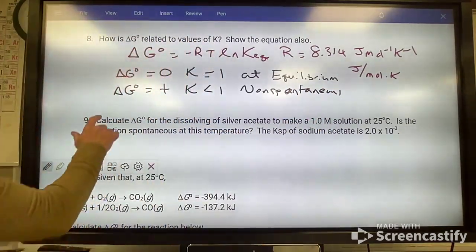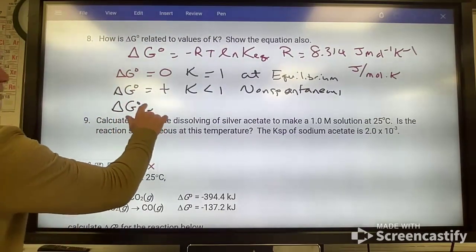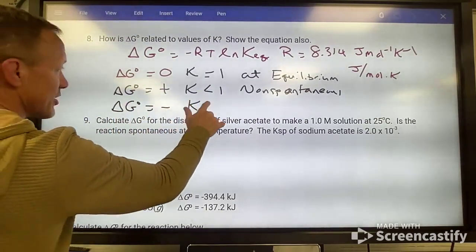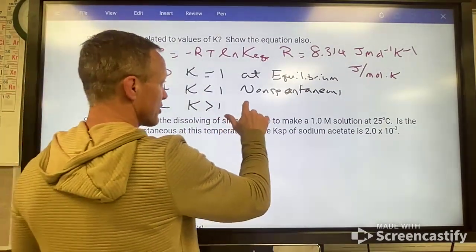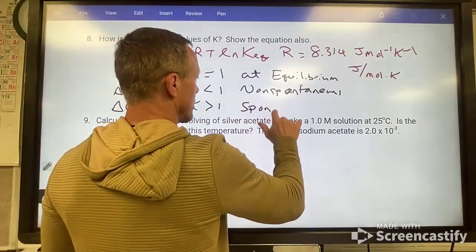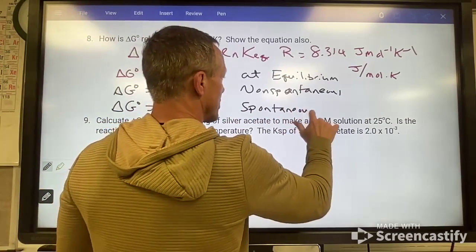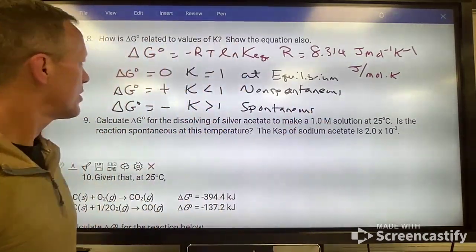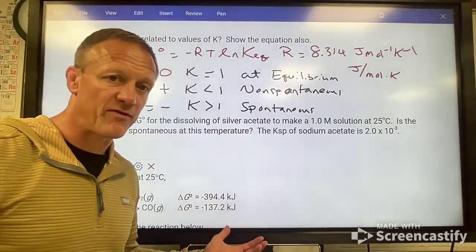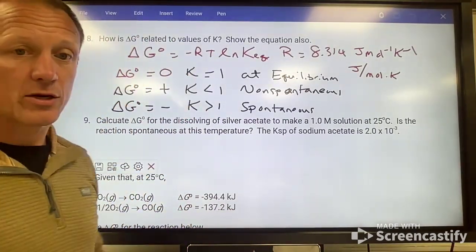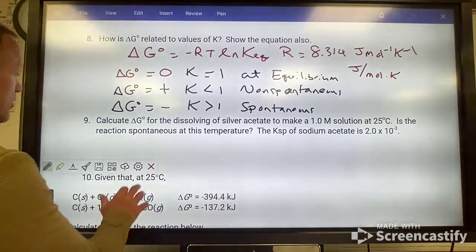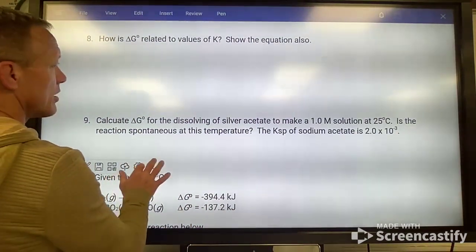And then if delta G is negative, that means K is greater than 1. It is a thermodynamically favored reaction or a spontaneous reaction. So you can tell thermodynamically favored or not by your K value or by your delta G, your Gibbs free energy.